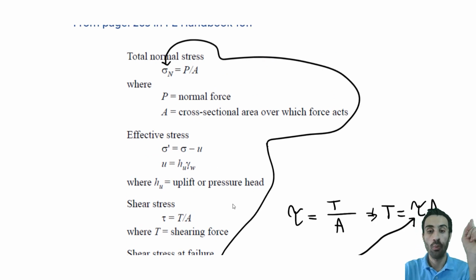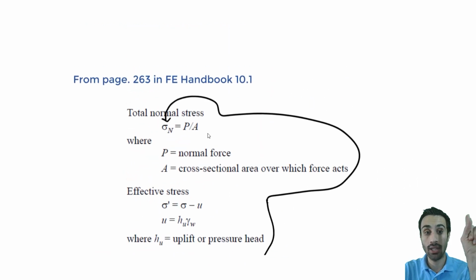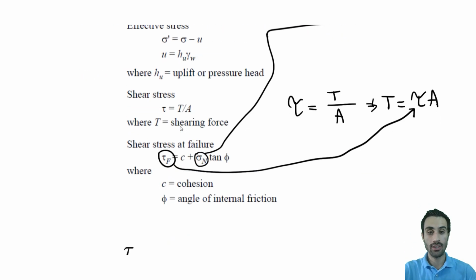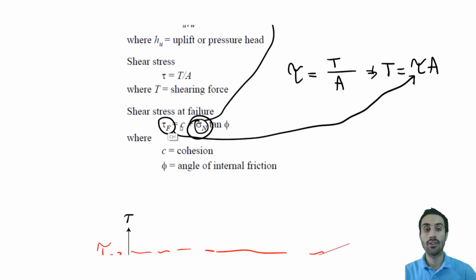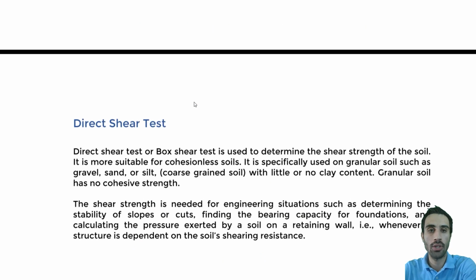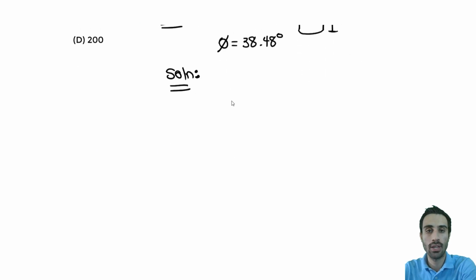So the steps involve finding this first, then plugging it in here, then finding the shear stress, then plugging it into the shear stress and solving for the shear force. Let's do that together. I want you to do it with me. You can pause the video and attempt it.